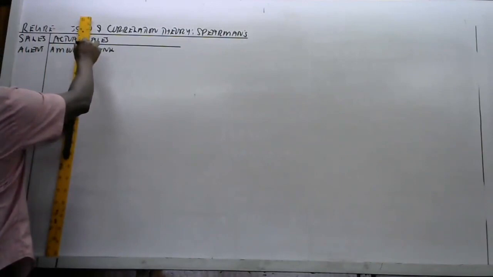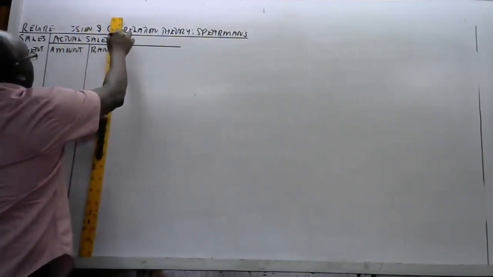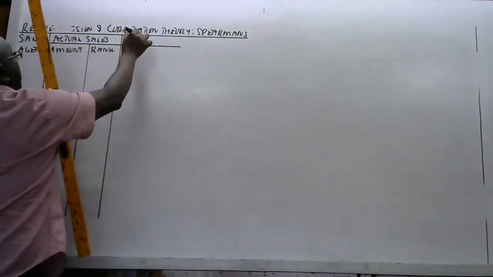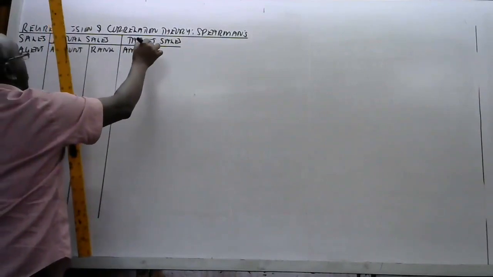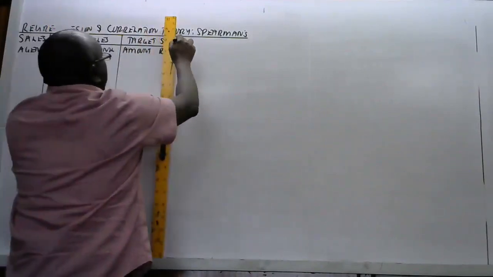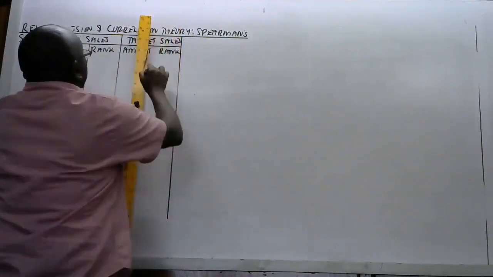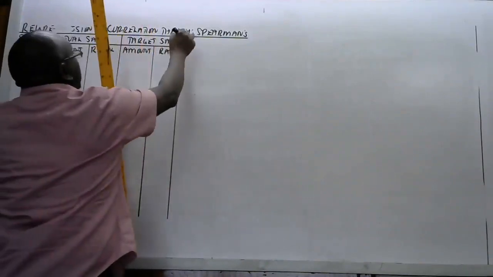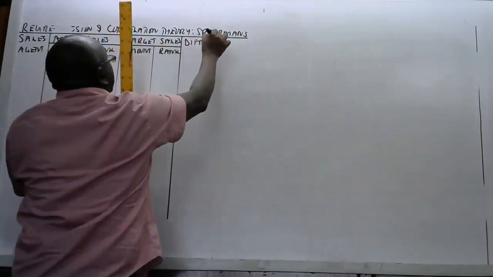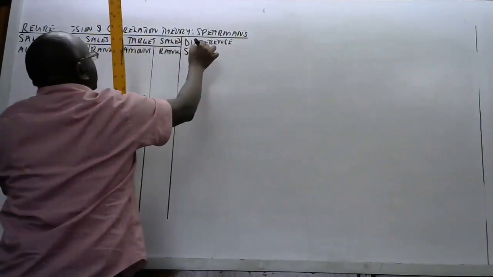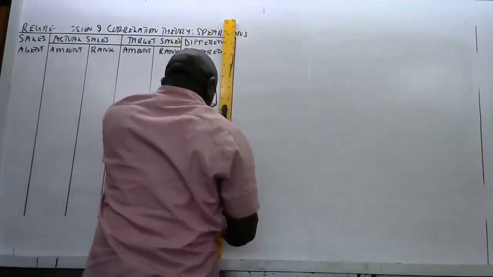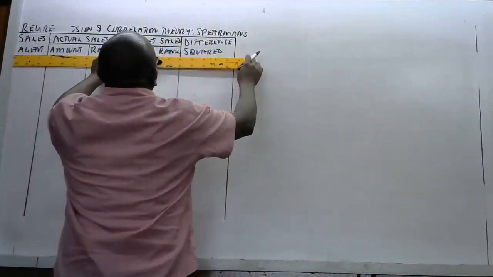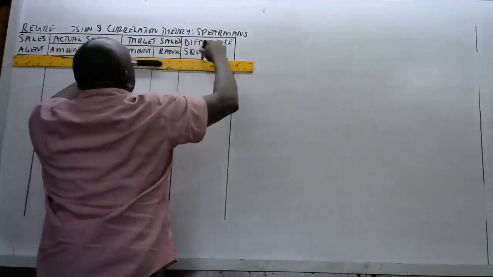We do the same thing for target sales, where we also have amount, then we have rank. Then we get difference squared.